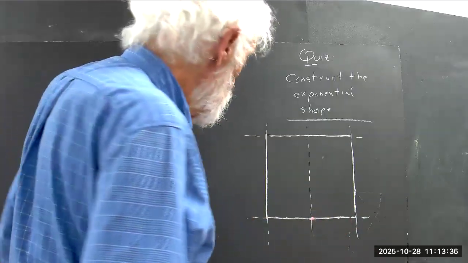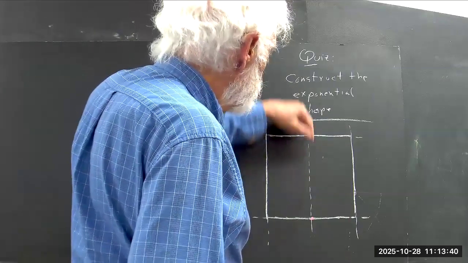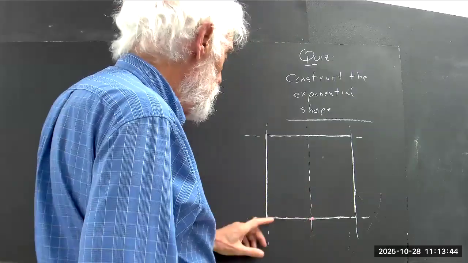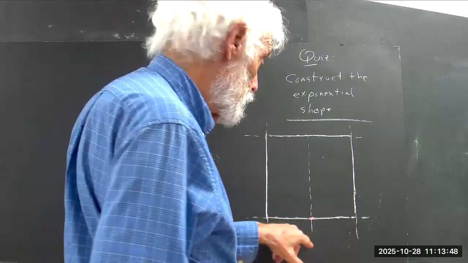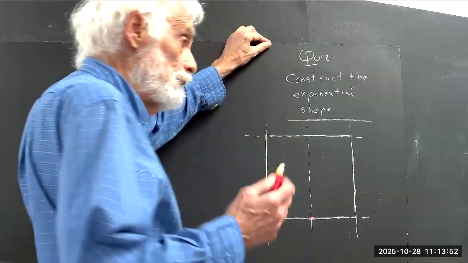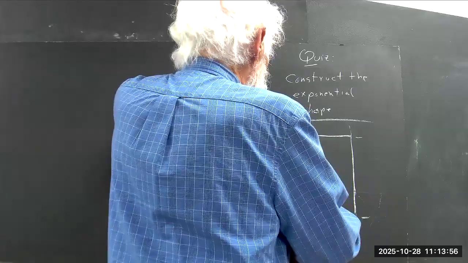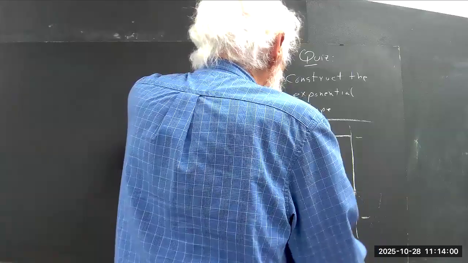Okay, now, we then start with a vertical line through the red dot. Remember, the red dot is at the midpoint, halfway across the lower edge of the rectangle. The next thing we do is we sketch a dotted line halfway between the right edge and the vertical line through the red dot.